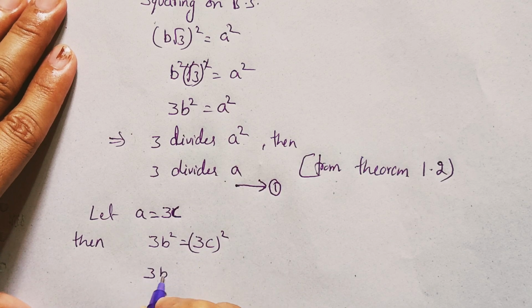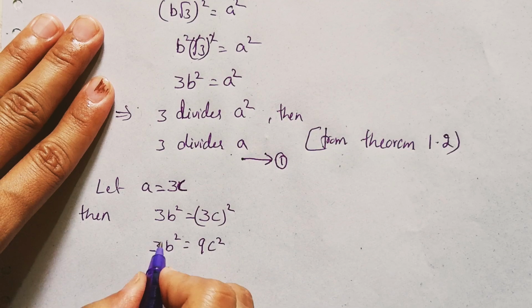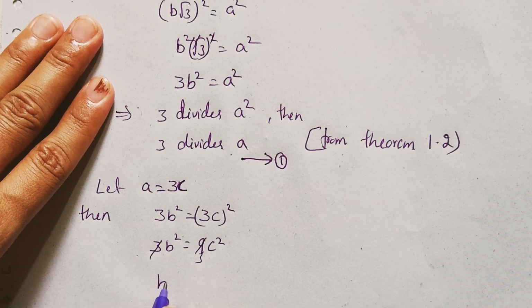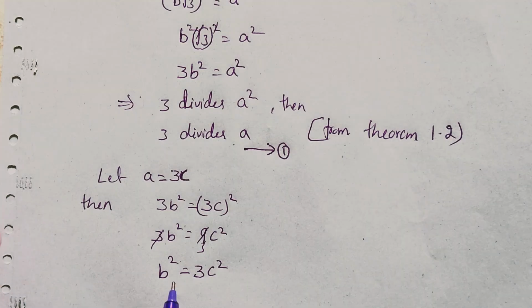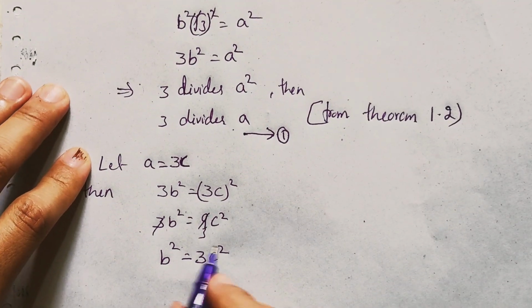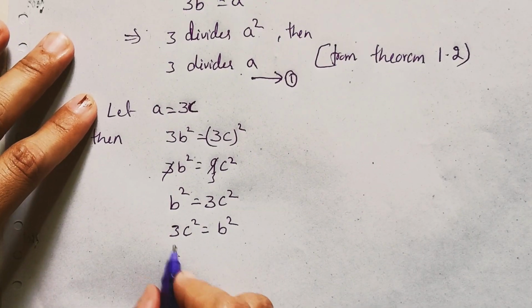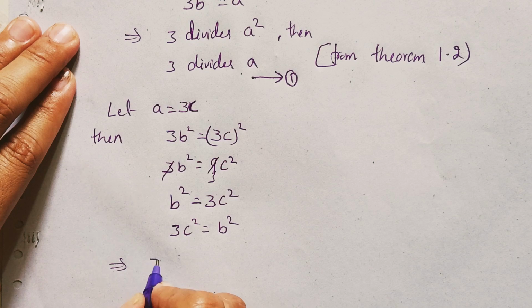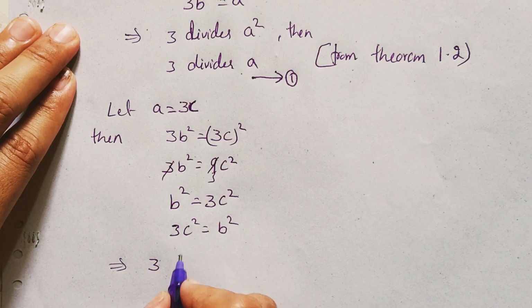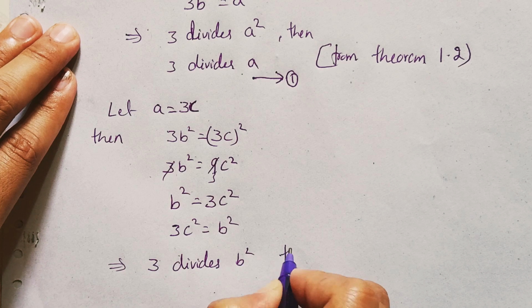That means 3B square equals 9C square. Then B square equals 3C square. We can also write it as 3C square equals B square. So from this we can say that 3 divides B square.